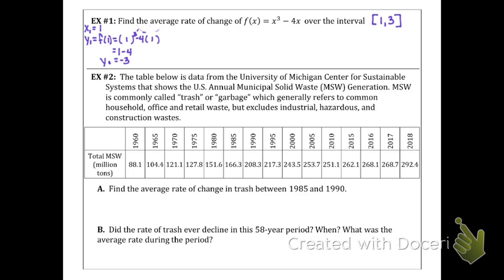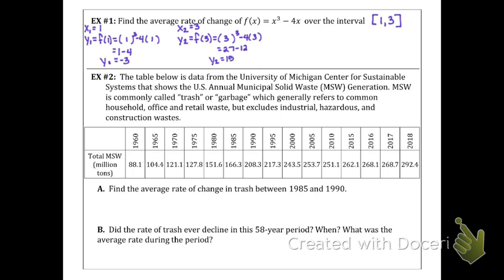And then I'm going to scoot my x2 down a little bit here so I can write underneath it. And so we said x2 was going to be 3. So I'm going to go find y2 by plugging it into the equation. So I'm looking for f of 3. So I'm going to plug 3 in. And so I found that my y2 is going to be 15.